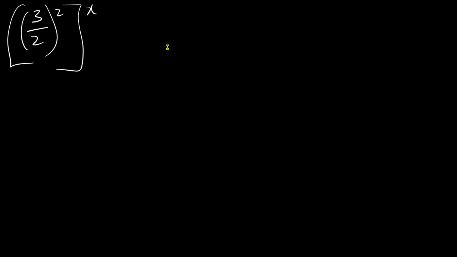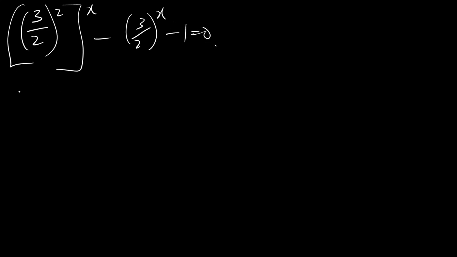So we have 3 over 2 all to the power 2, all to the power x, minus 3 over 2 all to the power x minus 1 is equal to 0.